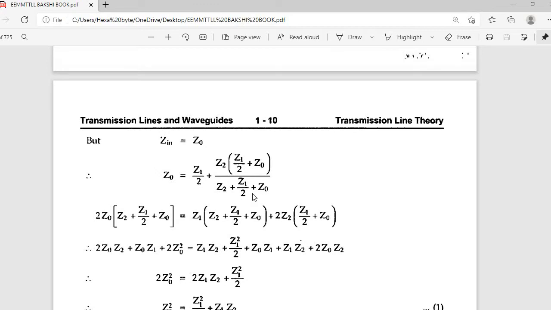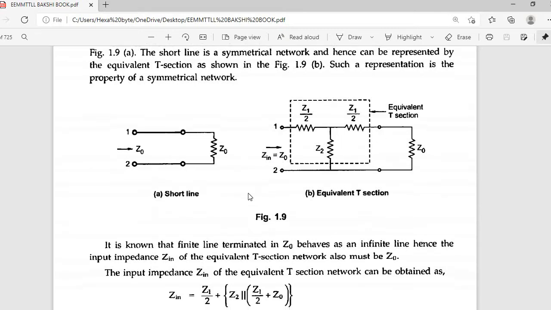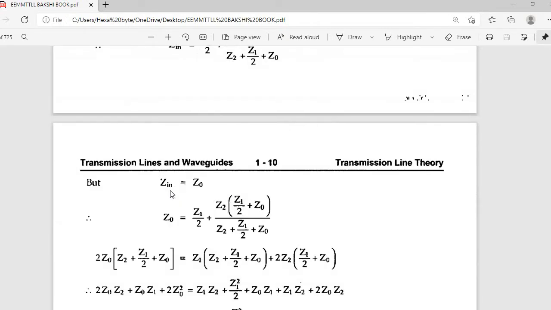But Zin is equal to Z0 for our transmission line. The output maintains Z0 and the input maintains Z0 of the transmission line, so we assume Zin is equal to Z0.